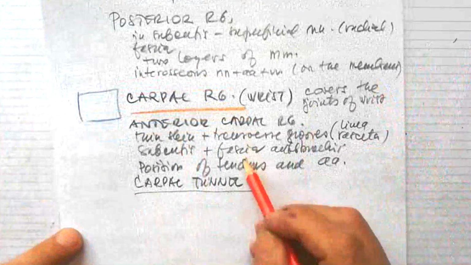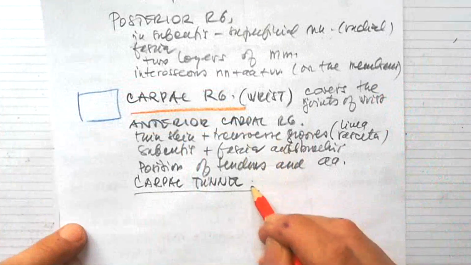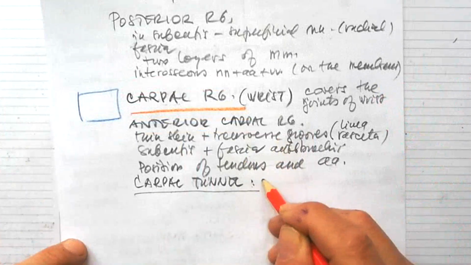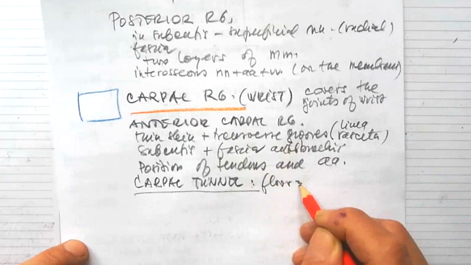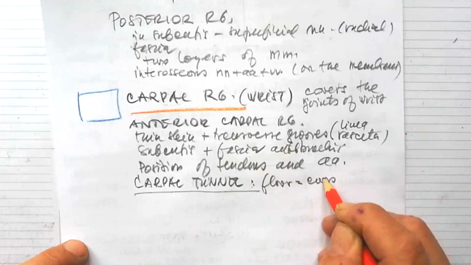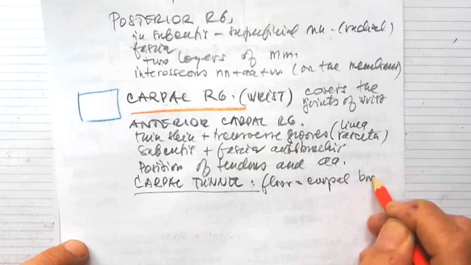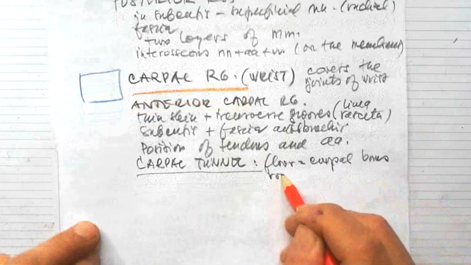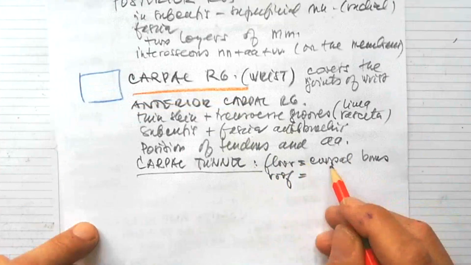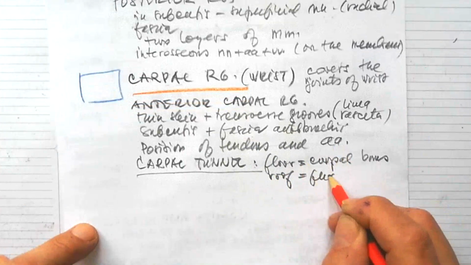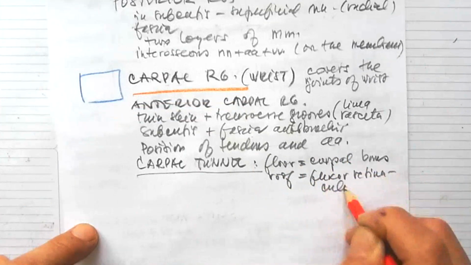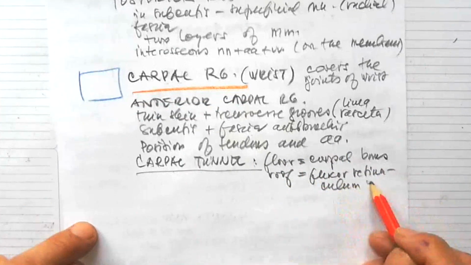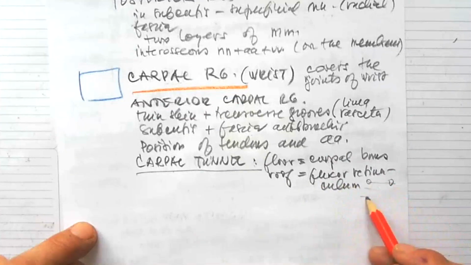So the carpal tunnel is bounded, as we said. Here we could say that it has the floor. Floor are the carpal bones, and roof is formed by the flexor retinaculum. Flexor retinaculum is attached to four bones.